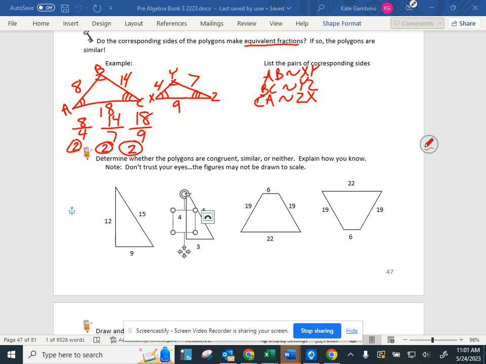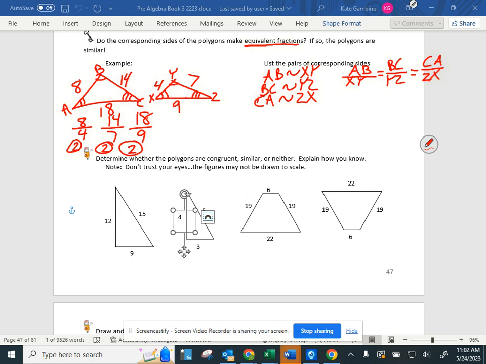Okay, so we can say that side AB divided by side XY equals side BC divided by YZ, which equals side CA divided by ZX.